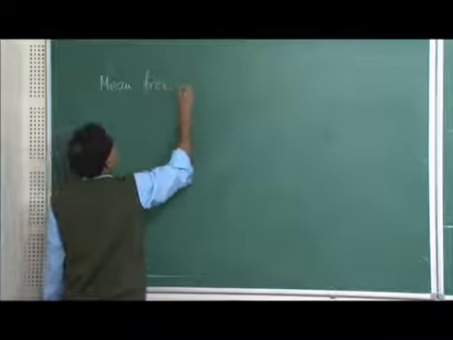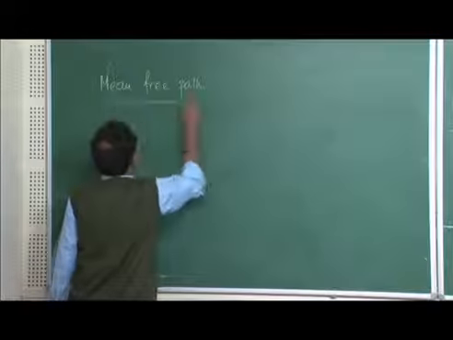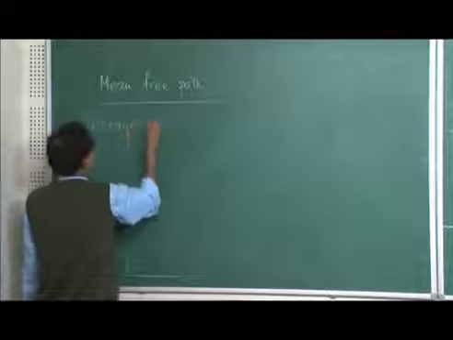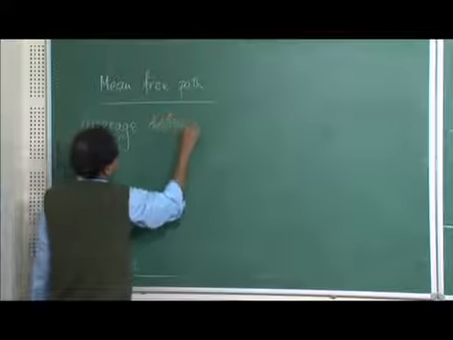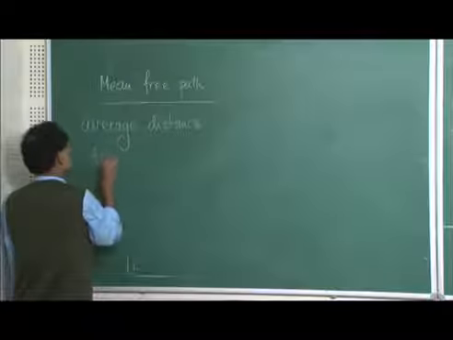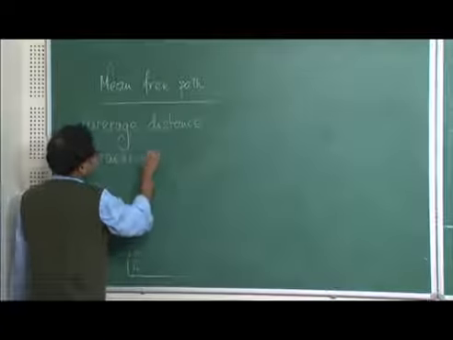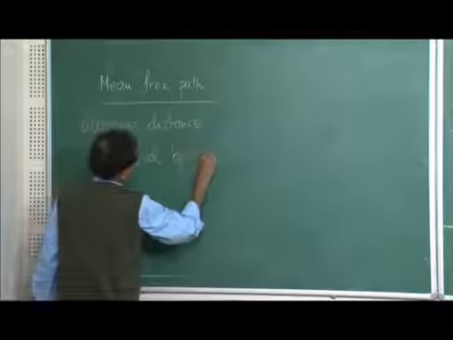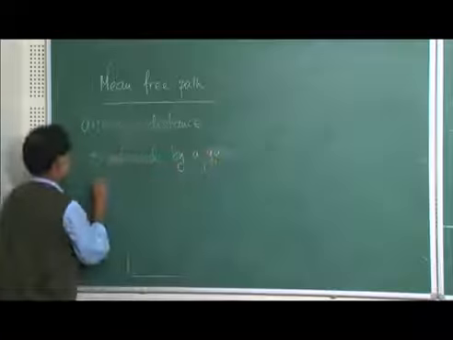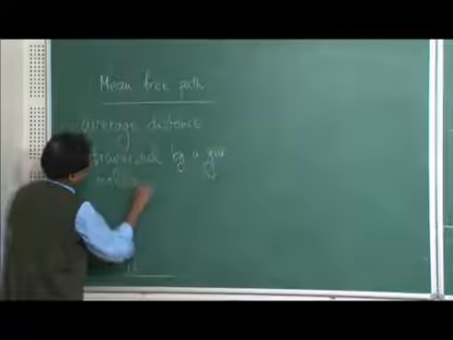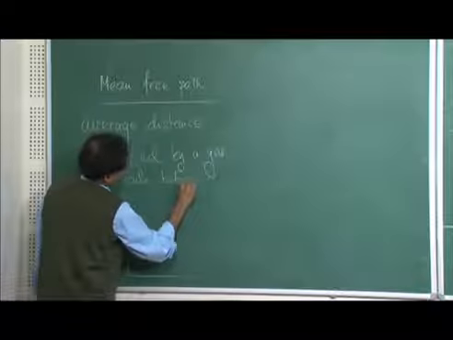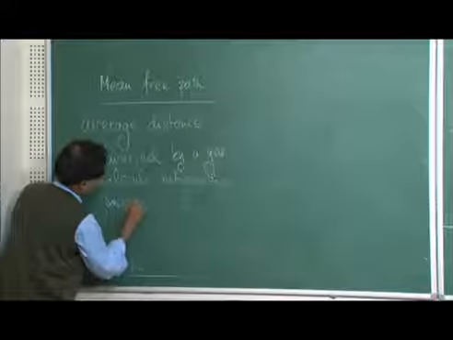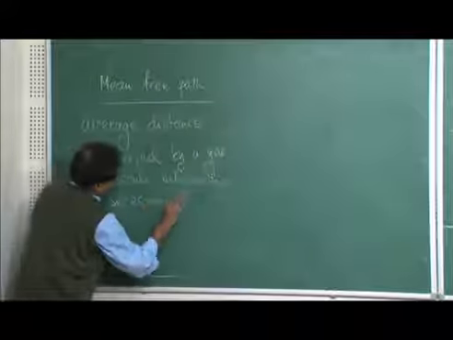The mean free path, which I also defined in the last class, is the average distance traversed by a gas molecule between two successive collisions.